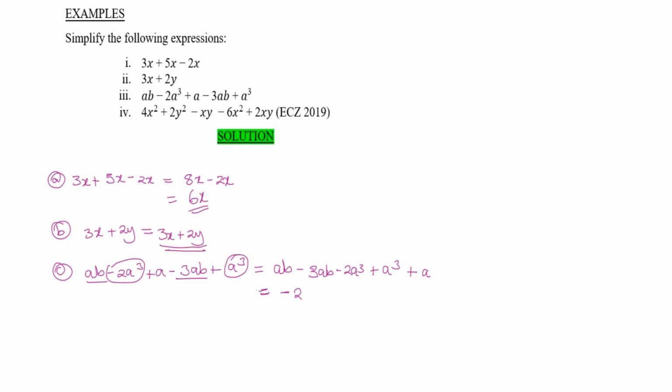The letters or the unknowns are ab, so it will be minus 2ab. Then we have minus 2a cubed plus a cubed, it's just the same as minus 2 plus 1. So minus 2 plus 1 will give us minus 1. Now we don't write a 1 when there is a letter, so we'll say minus a cubed, then we are going to have plus a.